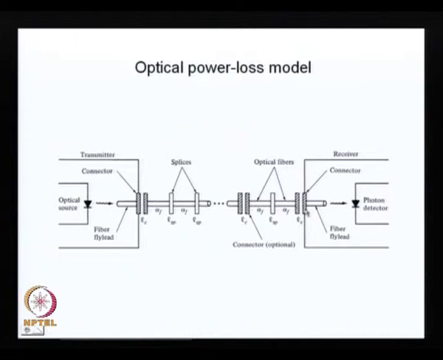And like this you reach the other end, where again through the connector the optical fiber is connected to the receiver, which is a photodetector, and you convert the light into electronic form. Now, each of these components which you are seeing here, like a connector or fiber section or splice, essentially contributes to the loss of the optical signal.